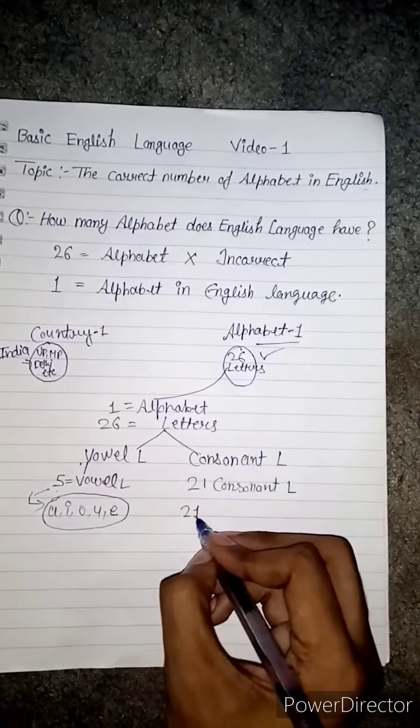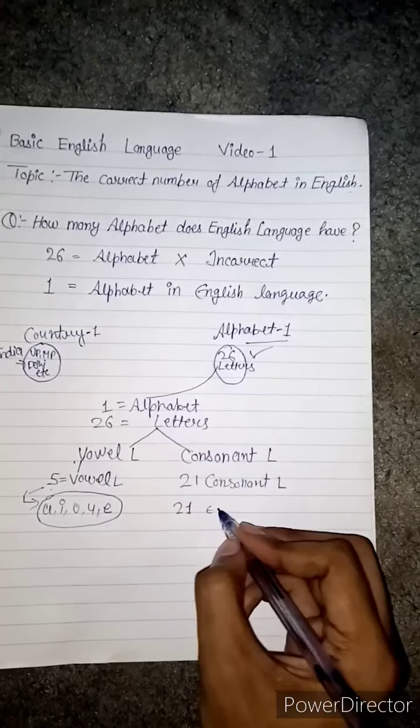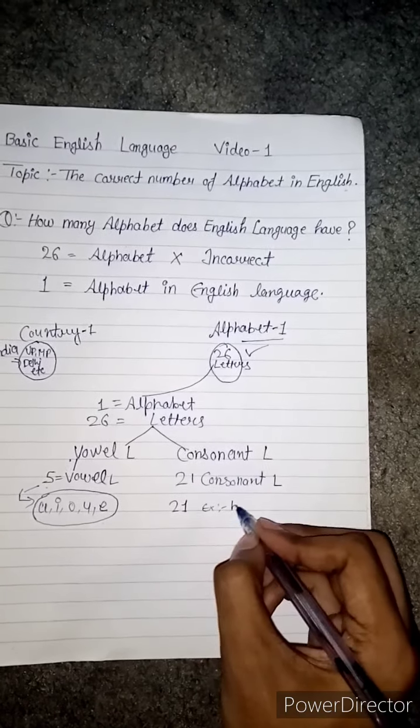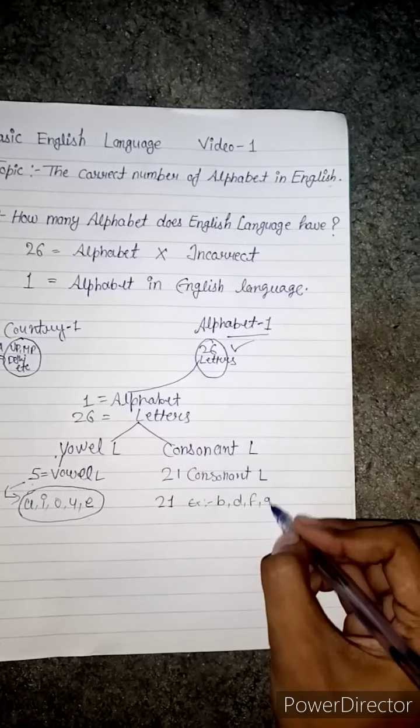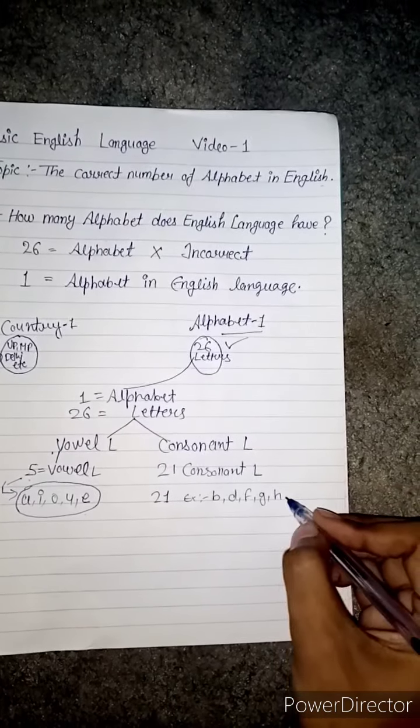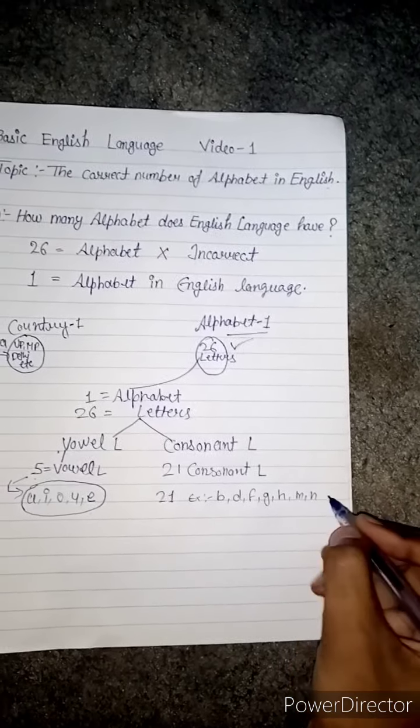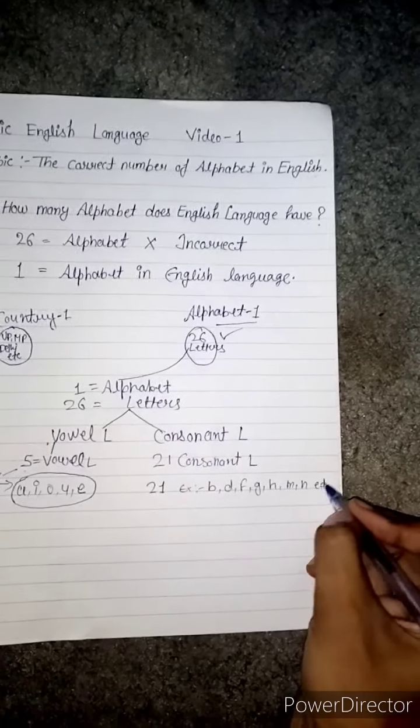So we have 21 consonant letters. Their examples are B, D, F, G, H, M, N, etc.